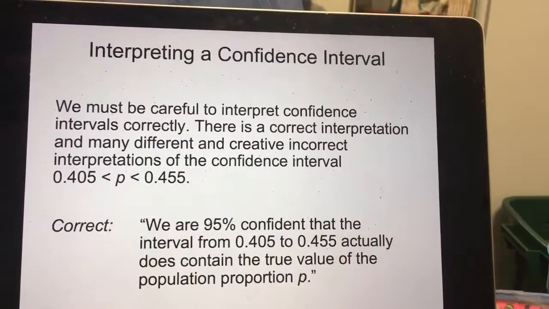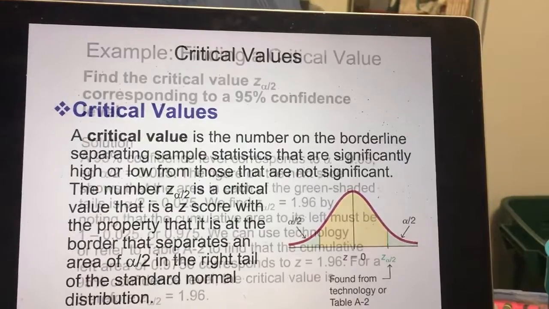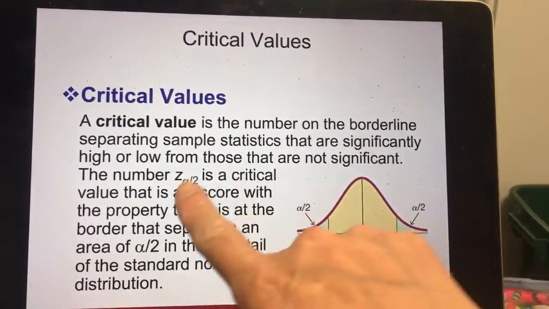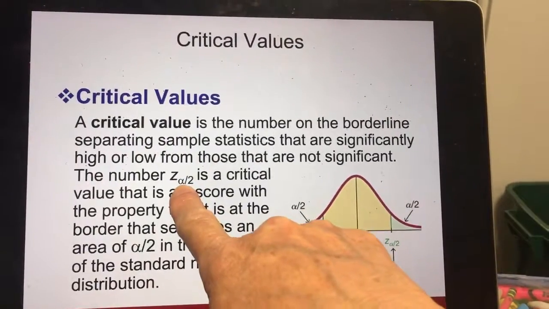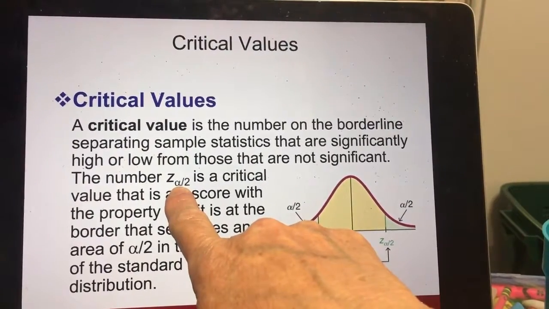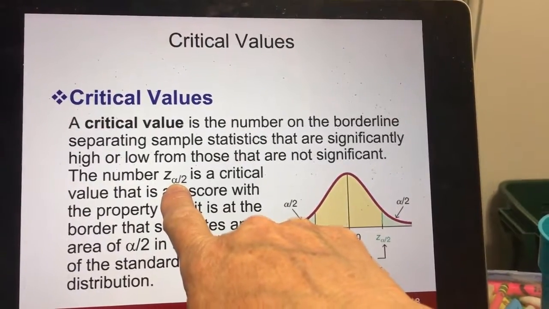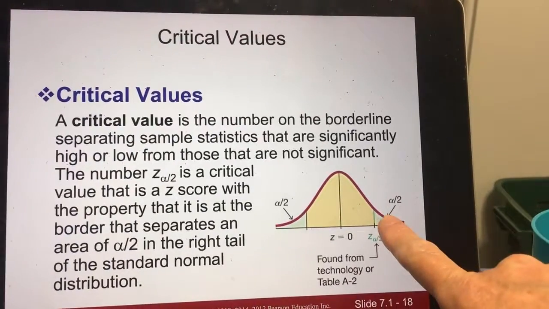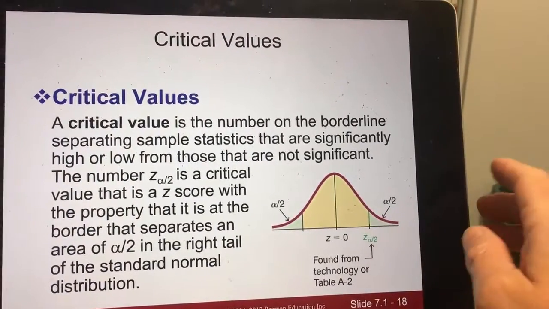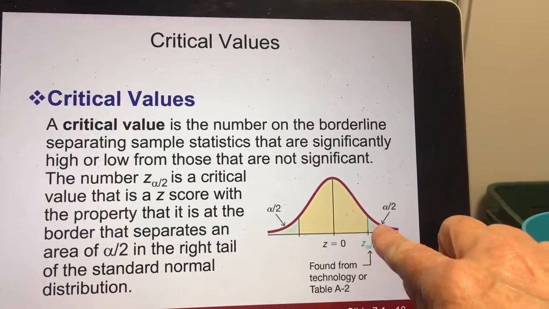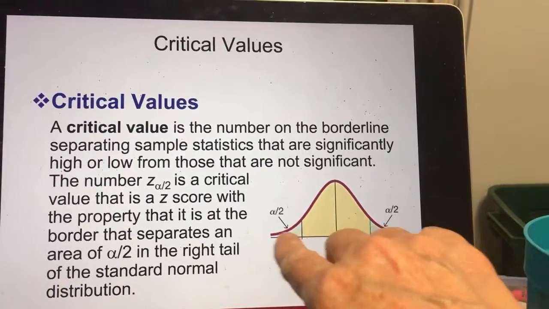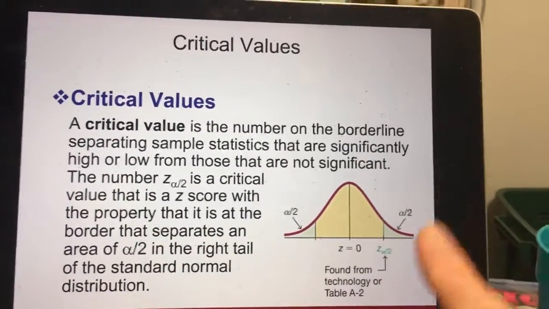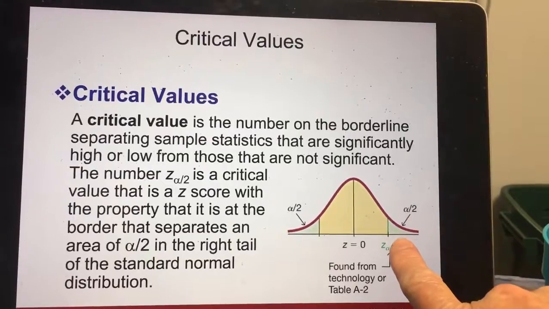So we've got this confidence level, and when we have the confidence level, then we know what the alpha is because it's 1 minus the confidence level. Then we're going to take that alpha and divide it by 2, and it should be the area that's in the tail. It's the area in the tail to the left also, but what we're looking for is just this right tail.